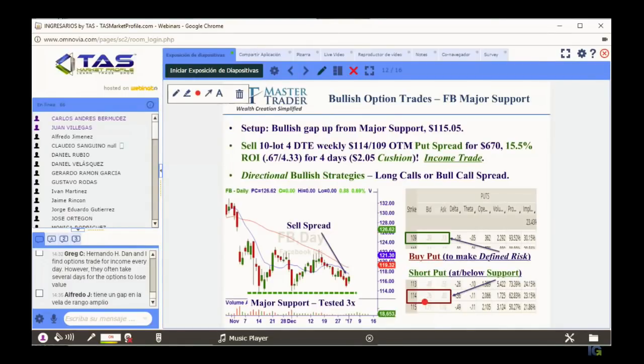We are going to teach you how to trade gap strategies, new strategies, where many times we can profit the same day as the storm drifts away, if you will. But let's continue with this.